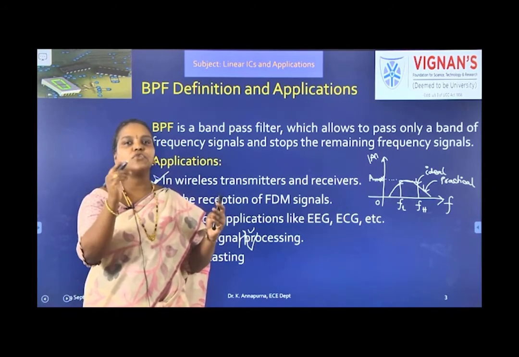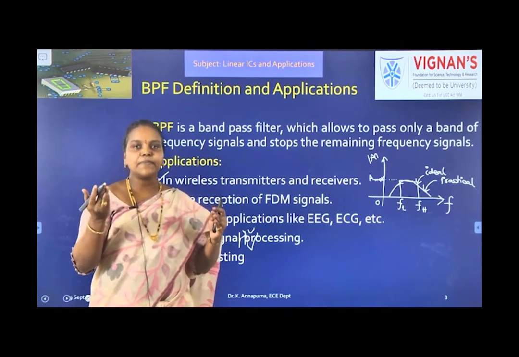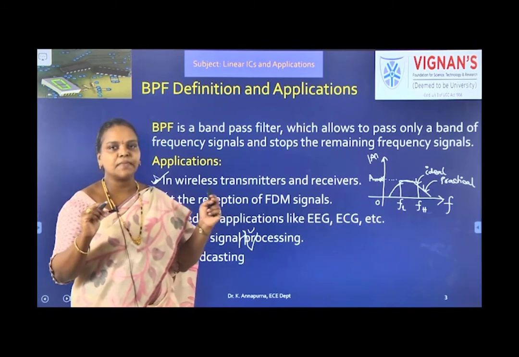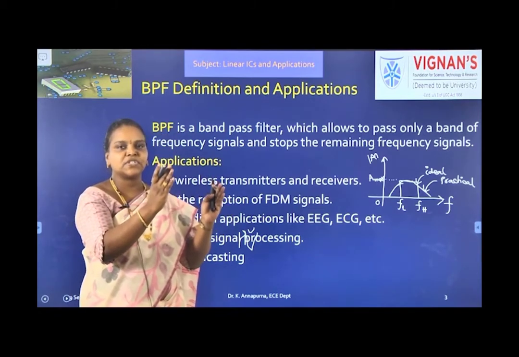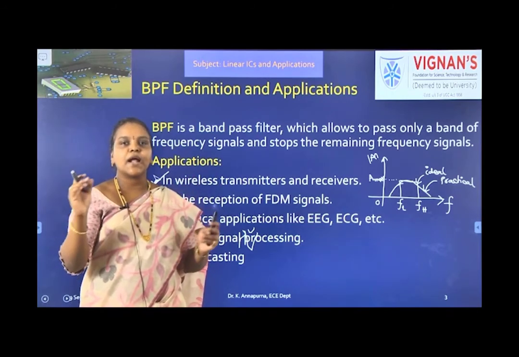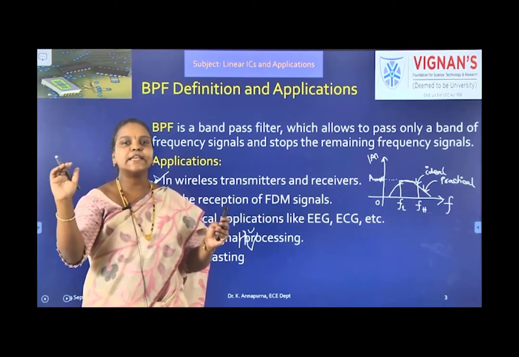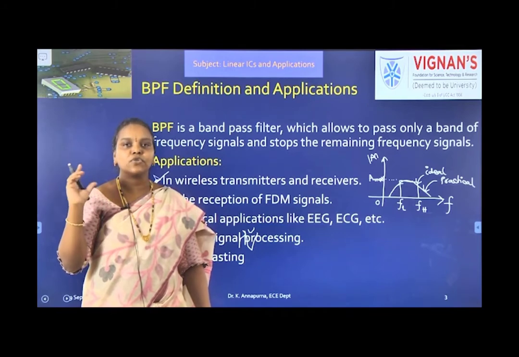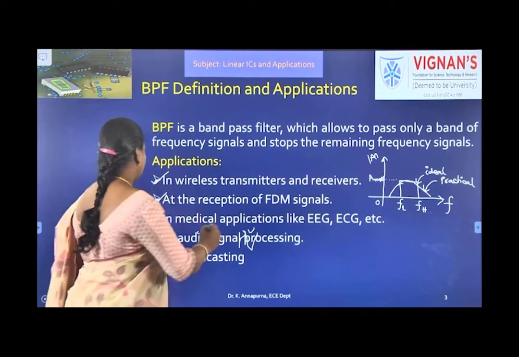How to make use of a single channel by those users? There are different multiplexing techniques, and one is frequency division multiplexing. The first user will use a band of frequencies, the second user the next band, the third user the next band, like that. And all will simultaneously send those signals on a single channel. But at the receiver, how to recover those signals? With the help of bandpass filters.